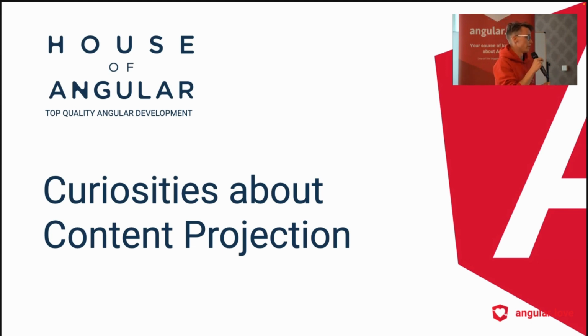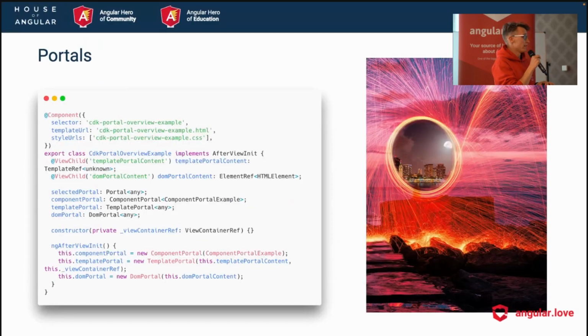Some curiosities about content projection, and the first thing is portals. It's a concept built into Angular, and it's a bit like content projection, but it allows us to send the data much further, not only from child to parent, but also much further away.